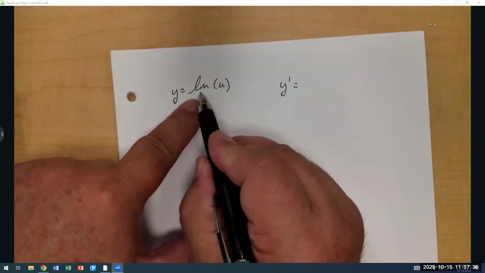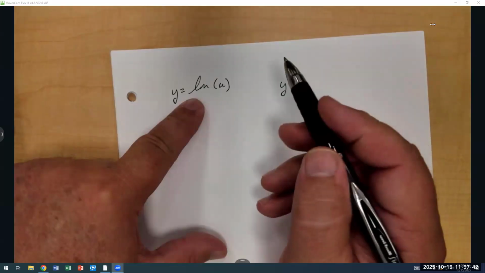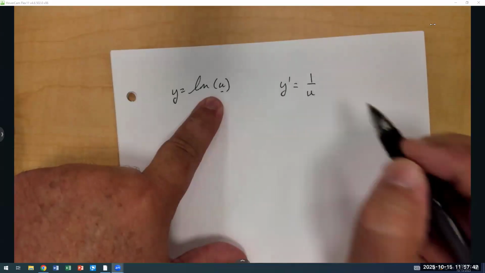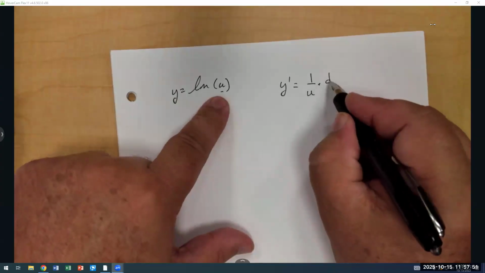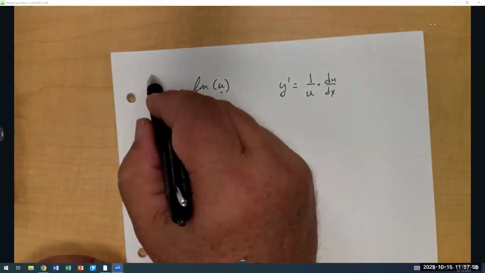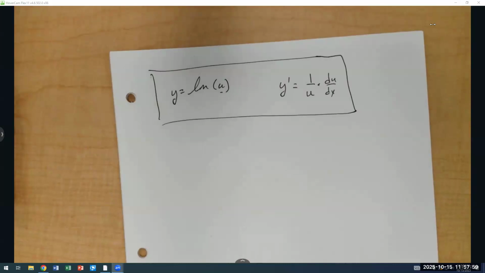What's the derivative of ln? 1 over x. So here's our x. So it's 1 over u times the derivative of the inside, which is du dx. So this is the general formula for a derivative of an ln function.